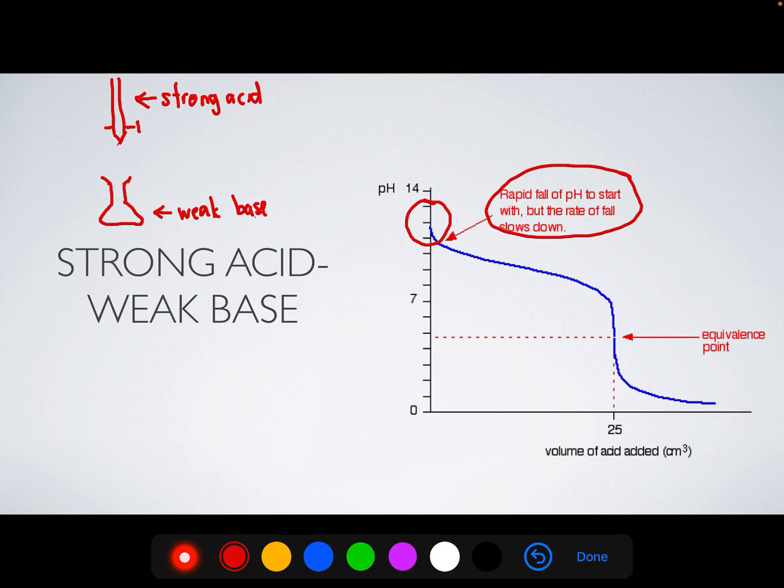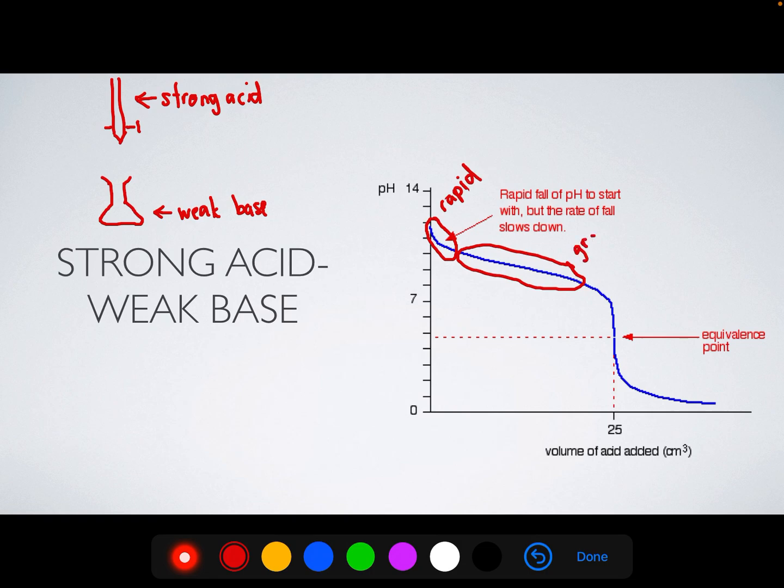Kalau kita tengok pada kita punya curve tu, awal ni dia turun dengan agak banyak, but after sometimes the rate will become gradual. So yang ini dia punya decreasing tu rapid, maksudnya berlaku dengan agak cepat dia punya penurunan tu, tapi yang ini dah jadi gradual. Dia dah jadi sikit demi sedikit.